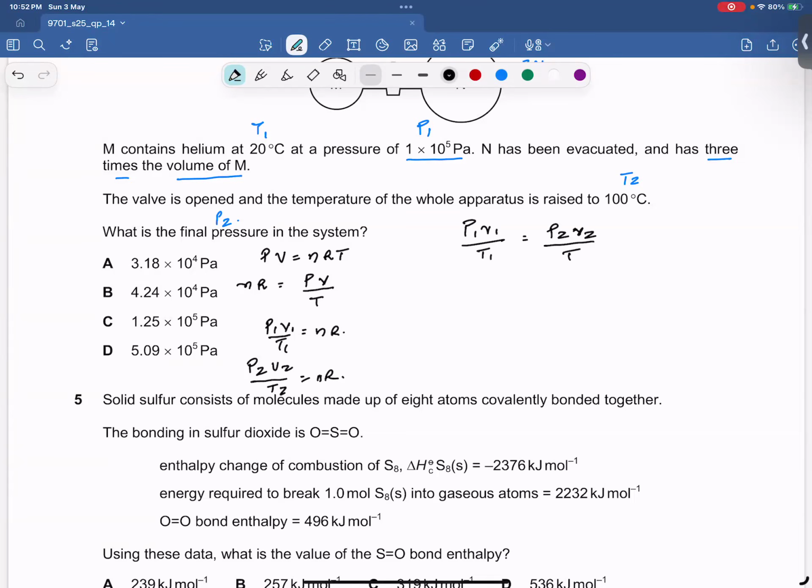P1 is given, which is 1 into 10 to the power 5. V1, let's suppose, is X, over T1. T1 is 20 degrees Celsius, and when you add 273, it's going to be 293. Equals P2, we need to find out, into V2.